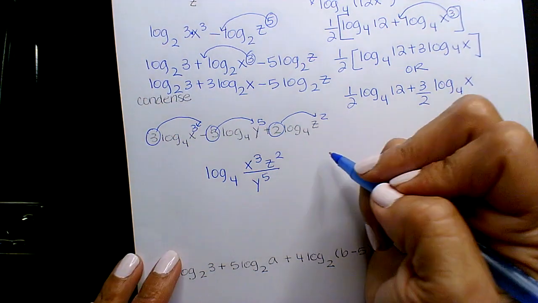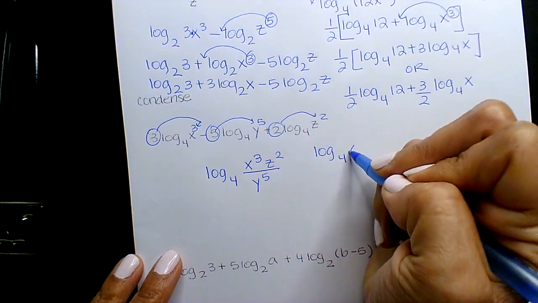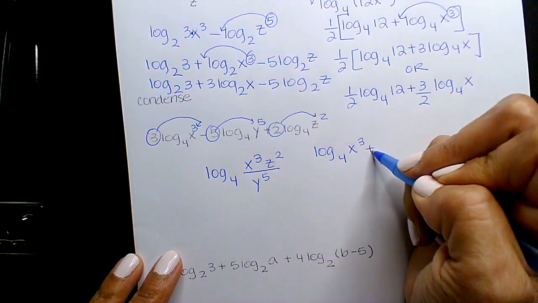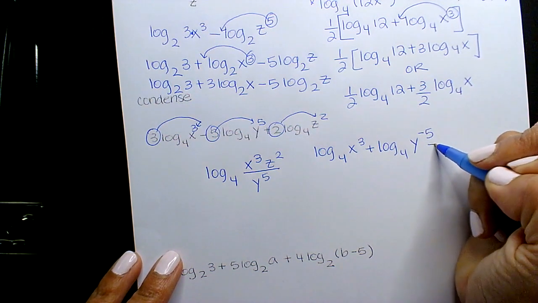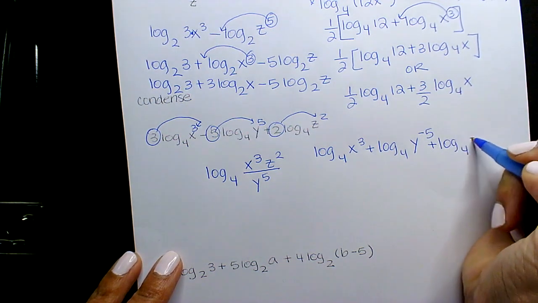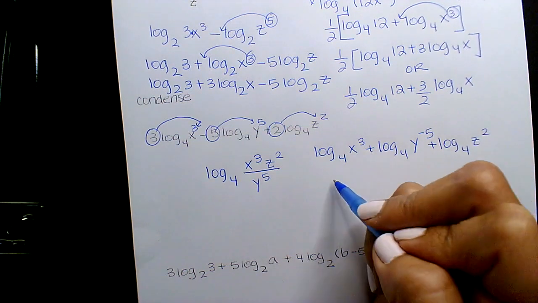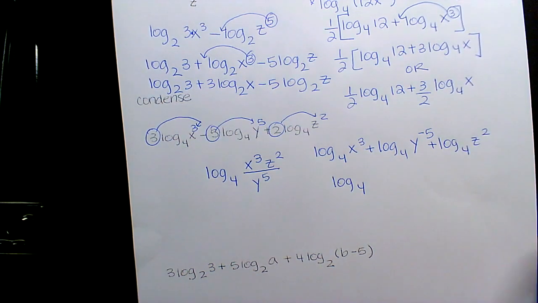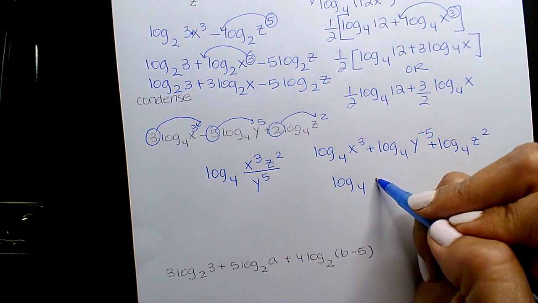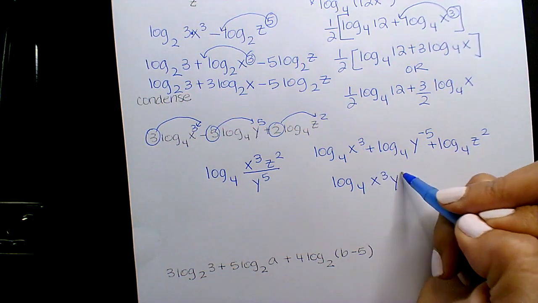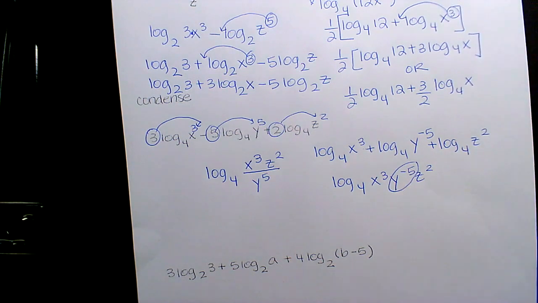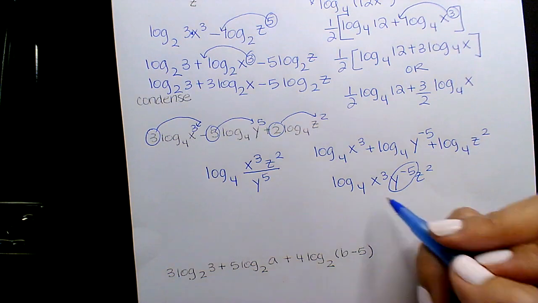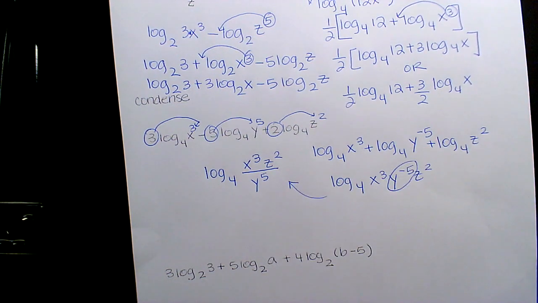Or if you didn't want that, you can baby step it and write log base 4 of x cubed plus log base 4 of y to the -5 plus log base 4 of z squared. So then log base 4, you have x cubed y to the -5 z squared, but with a negative exponent, you take the reciprocal to make it positive, and then that's how you can come back here.